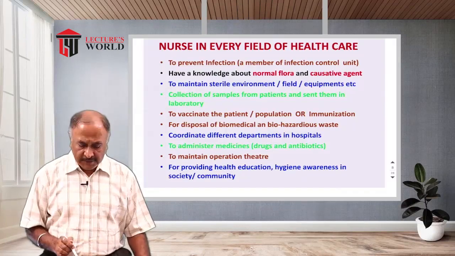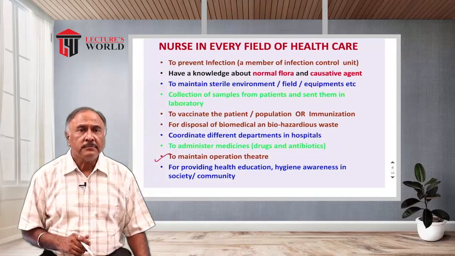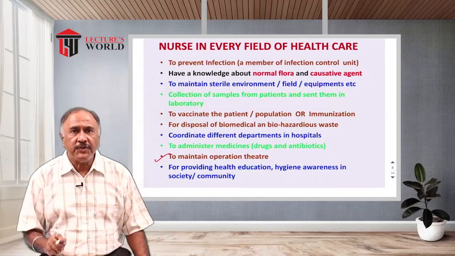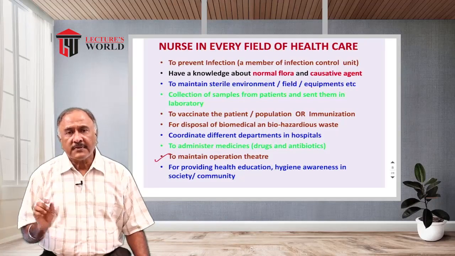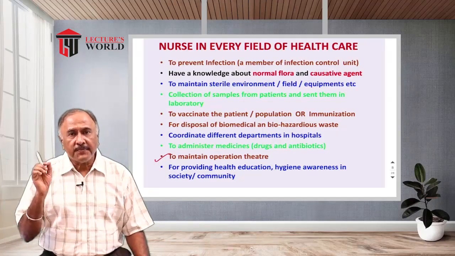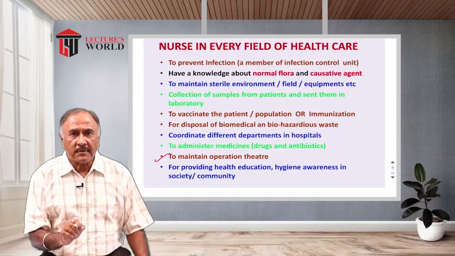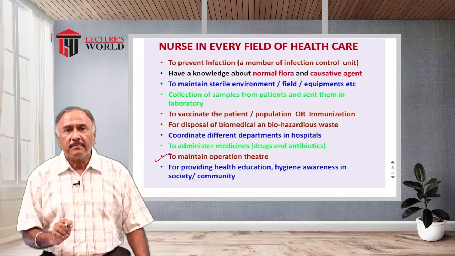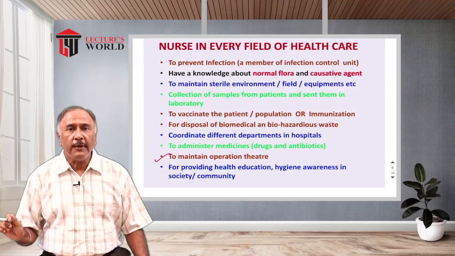and explain them to the patients. Then to maintain the operation theatre, because the operation theatre is the one where major surgical procedures are being carried out. The person has entered, or has been admitted, for certain complications, for certain surgery. But once the surgery is completed, the patient should recover fully.